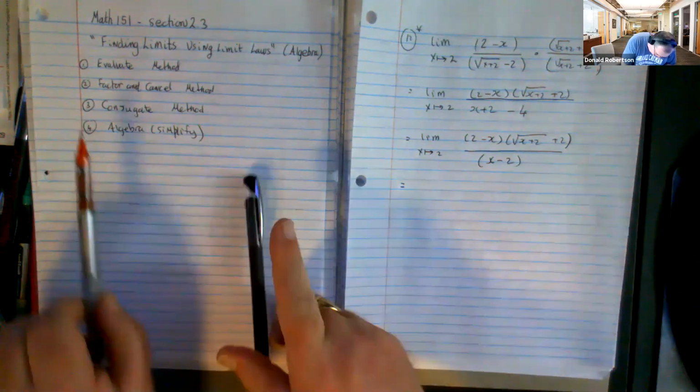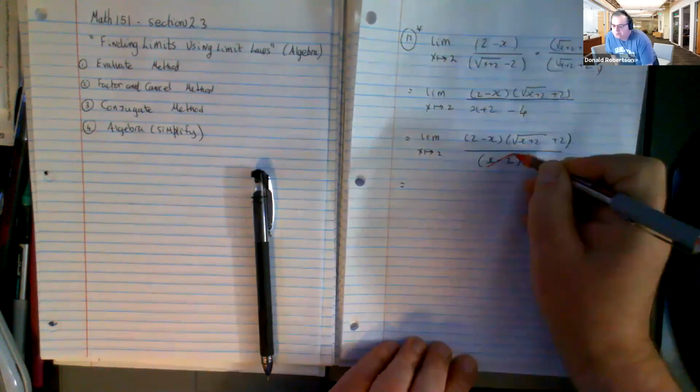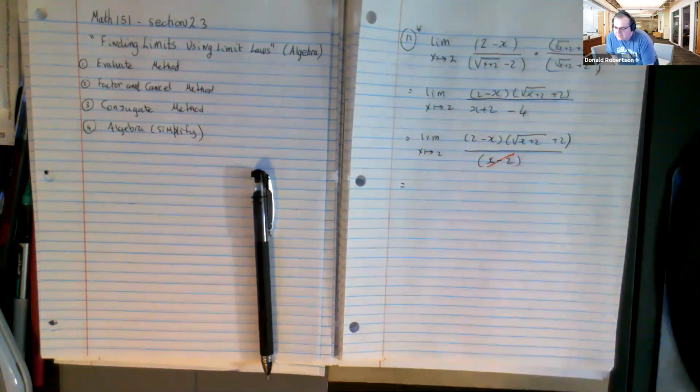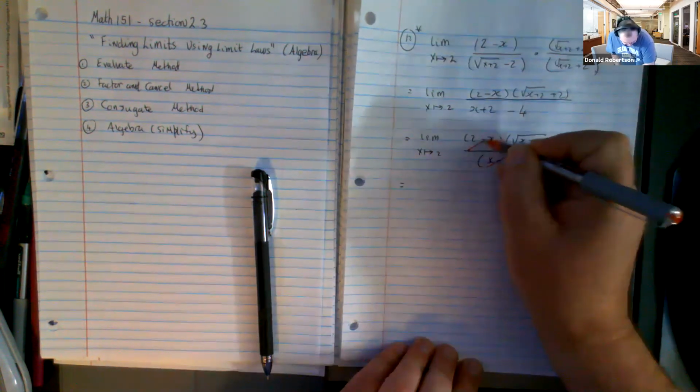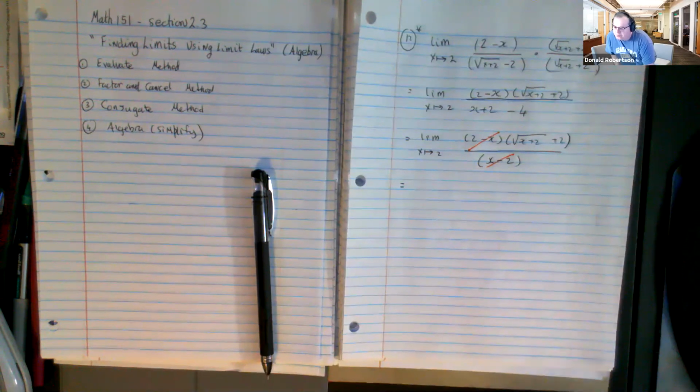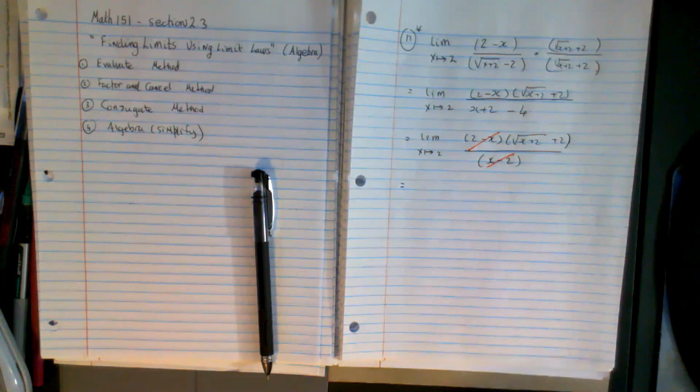Can you cancel this guy with anybody? You can. Agree, Cynthia? What do you get when you cancel x minus 2 with a 2 minus x? They do cancel out, but what's left behind? Negative 1.